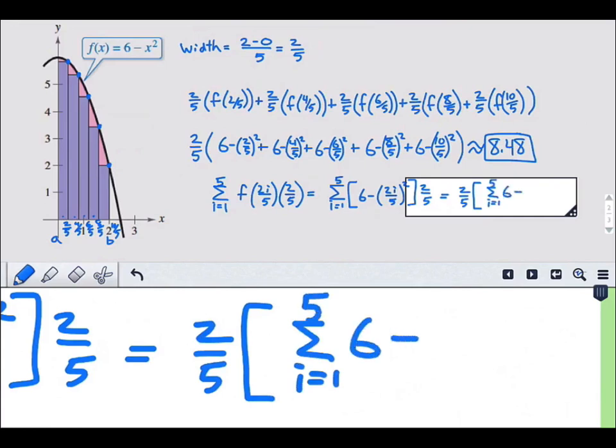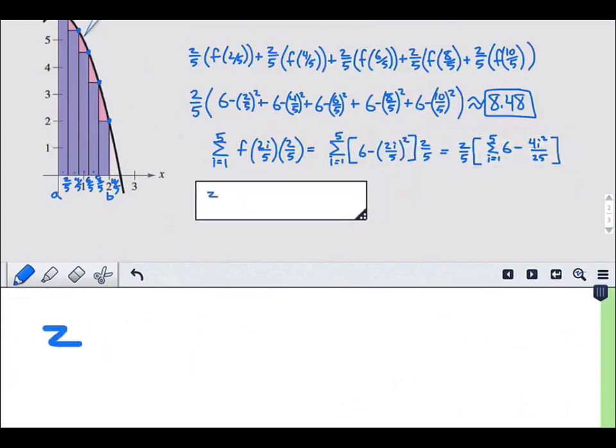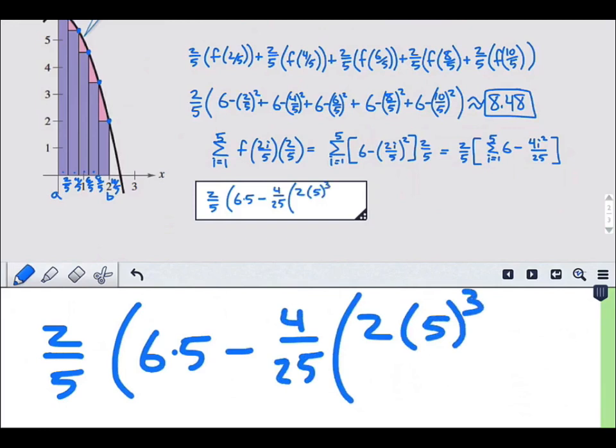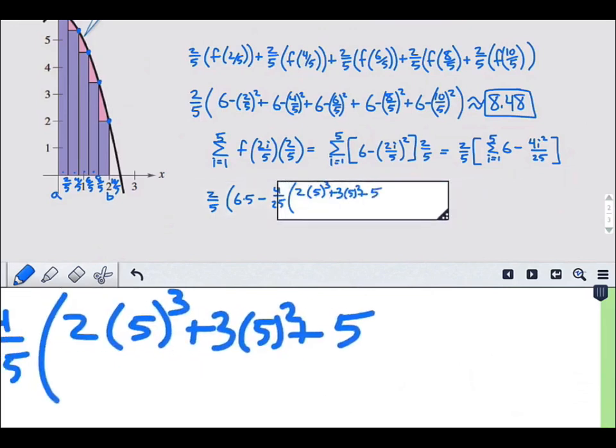So we'd add 6 minus 4i squared over 25. And then we could have used our summation formulas, and we would have gotten 2/5 times 6 times 5, and then minus 4 over 25 times 2 times n, which is 5 cubed, plus 3 times 5 squared, plus n, which is 5, and all of this over 6.